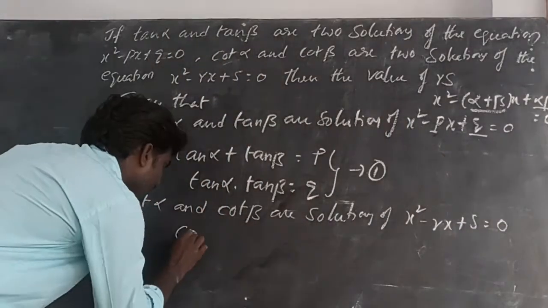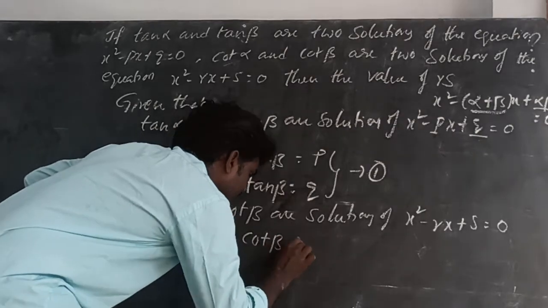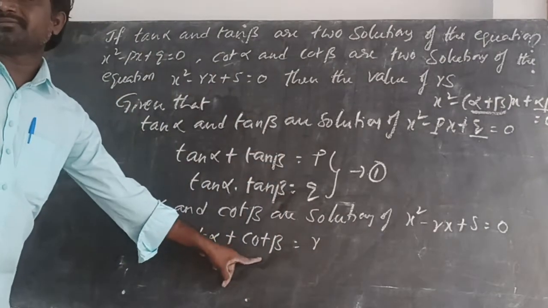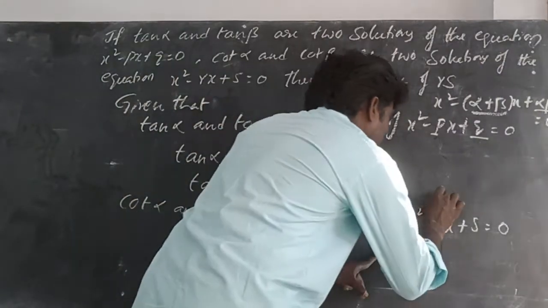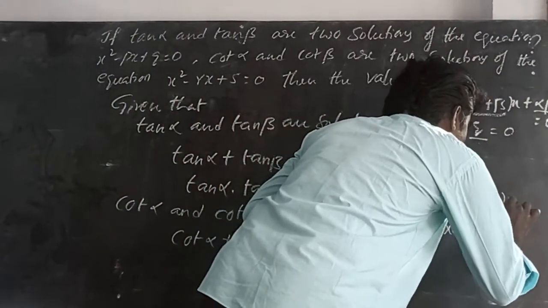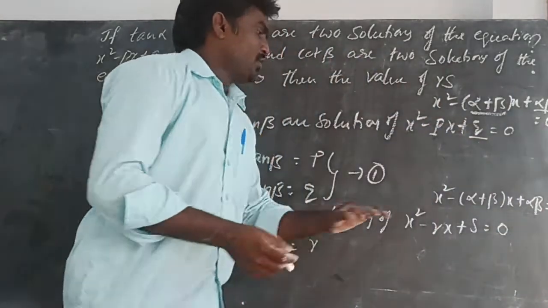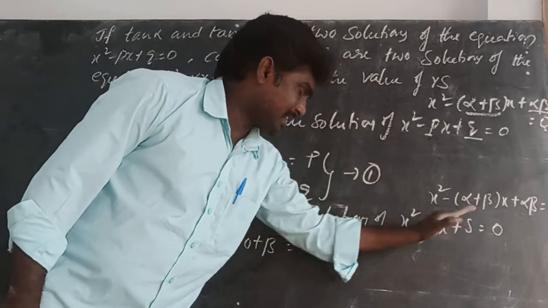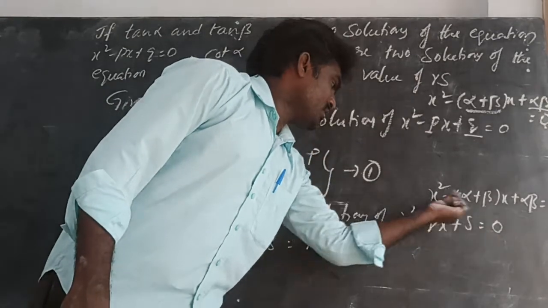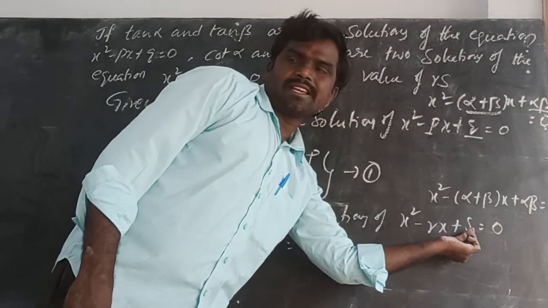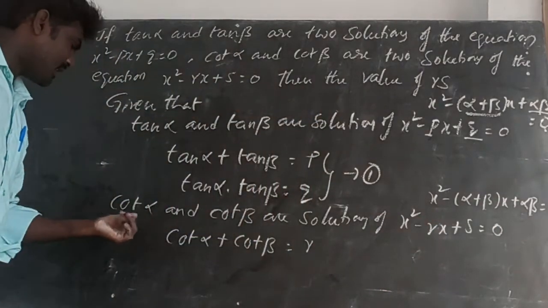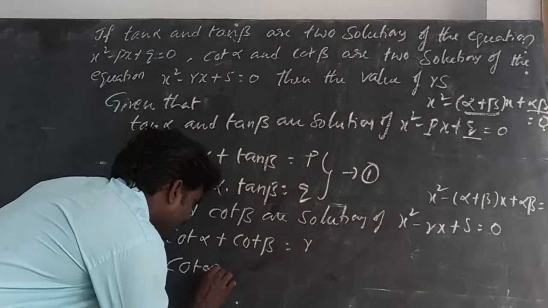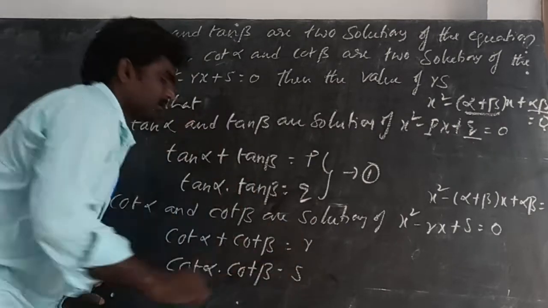Here also the same. Comparing this equation with x square minus (alpha plus beta) into x plus alpha beta, the sum of zeros means R and the product of zeros is S. The zeros are cot alpha and cot beta, so cot alpha plus cot beta is equal to R, and cot alpha into cot beta is equal to S.